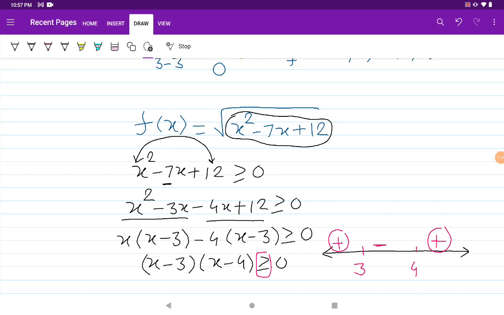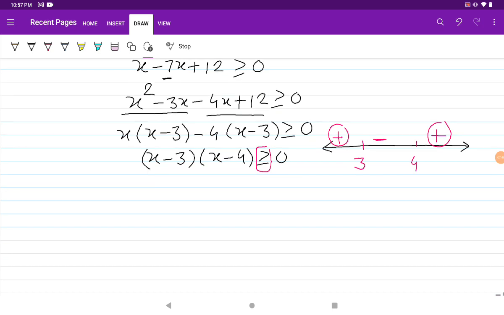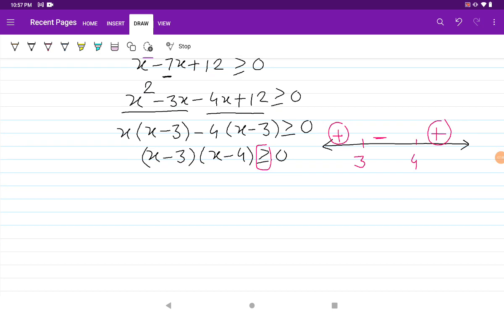So here x lies in the interval negative infinity to 3, union 4 to infinity. So I think it is clear to you.